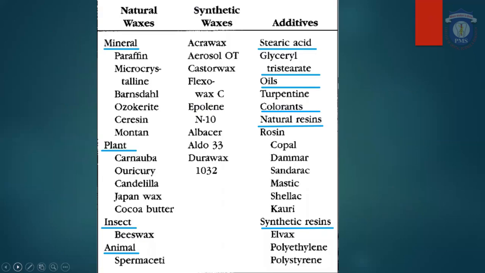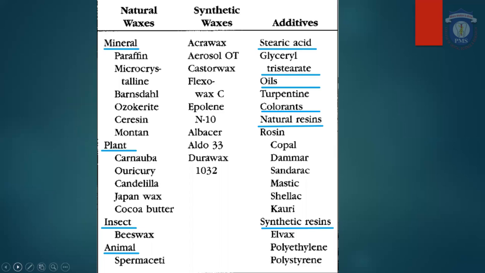Okay, and this is a table taken from your restorative dental materials textbook, by Craig, and there you can see that based on the source, even natural waxes have different sources: minerals that are mined from their ores, plant, insect, animal, etc. Okay, then there are synthetic waxes that can be manufactured from polymers, and then there are also some additives added to modify the properties, like stearic acid, fatty acid, glyceryl tristearate, which means that it's a fat.